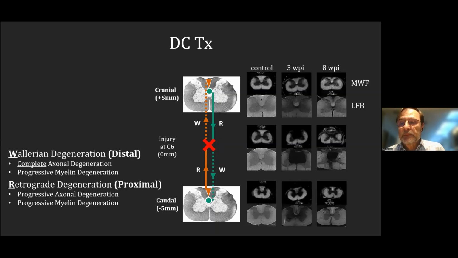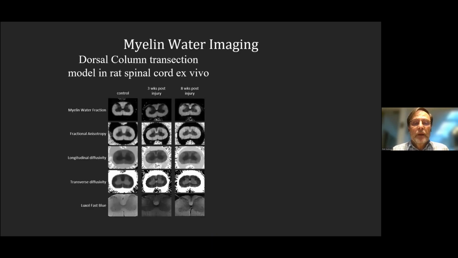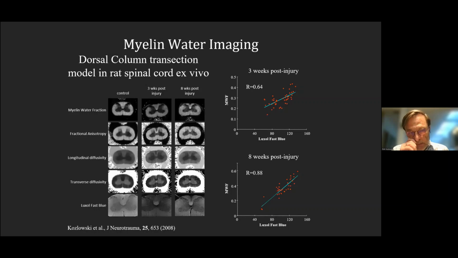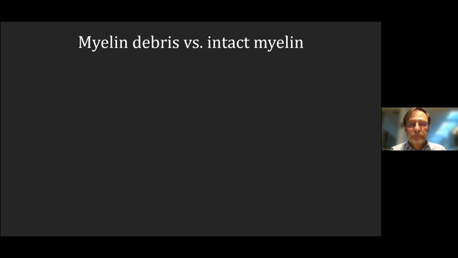And here are some examples of the myelin water fraction map and how they correlate with the Luxol fast blue stain, which is a stain for myelin. So here's an example taken from our first study, where we looked in more detail into the myelin damage and also the axonal damage from the dorsal column transection model.